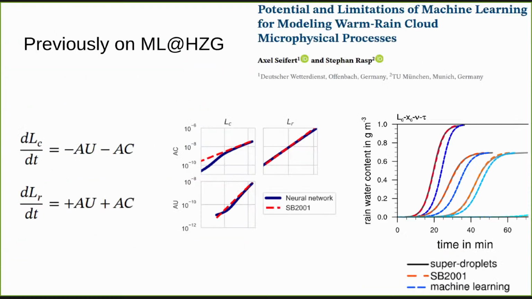So, just getting back to last session. Last session we had already a session on parametrizations, in that case for cloud microphysical processes, where we had a big system that was expensive to run, but we also were given some lower dimensional system.